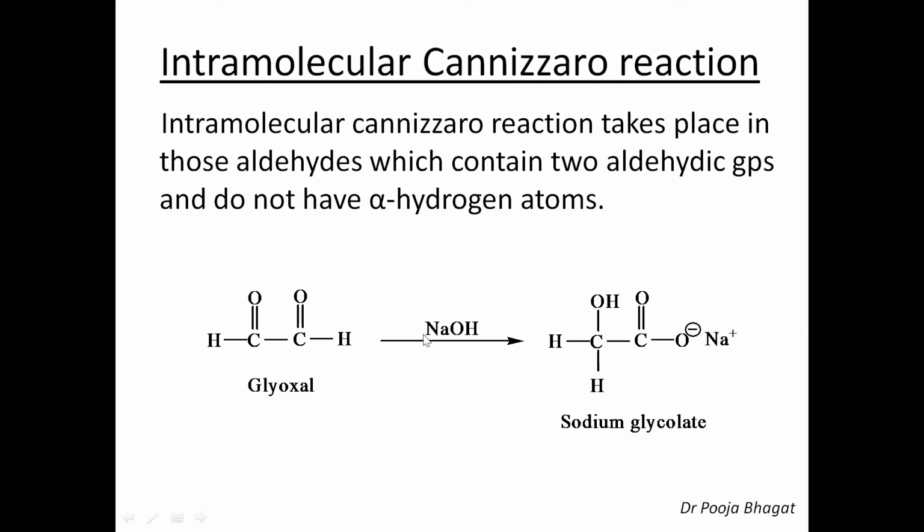When you add concentrated sodium hydroxide, one aldehyde will be oxidized to acid and then to its sodium salt, while the other aldehyde is reduced to alcohol. So this is the alcohol, this is the sodium salt of the acid, and the name of this compound is sodium glycolate.